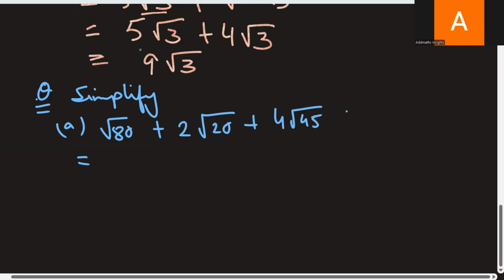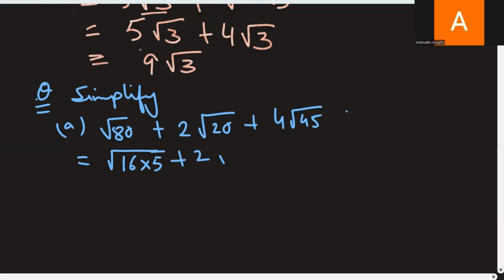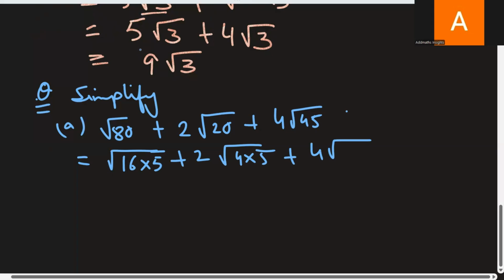So further, how can you express it? You can simplify it and you can write it as 16 times 5. And here you can write 4 times 5. And here you can write 9 times 5. And you know, each of them has a perfect square, right? So the square root of 16 is 4.